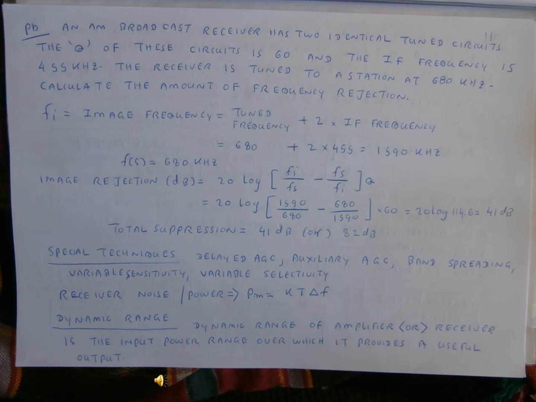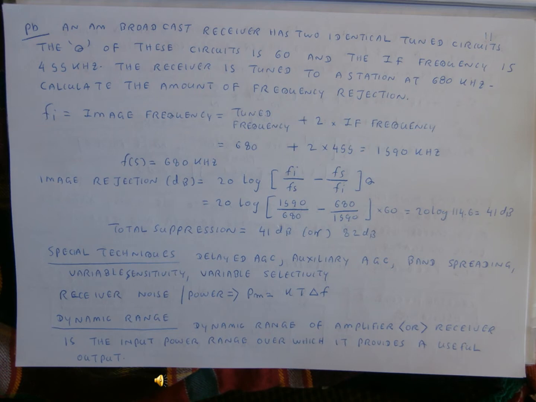The problem says a broadcast receiver has an identical tuned circuit, with Q of 60 and intermediate frequency of 455 kilohertz. The receiver is tuned to 380 kilohertz, and we calculate the image frequency rejection. The image frequency Fi is the tuned frequency plus 2 multiplied by the intermediate frequency, so 380 plus 2 multiplied by 455, which is 1590 kilohertz.